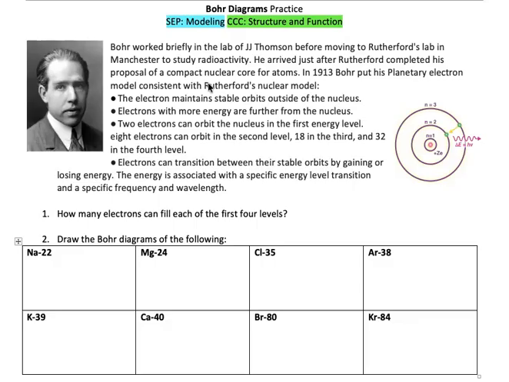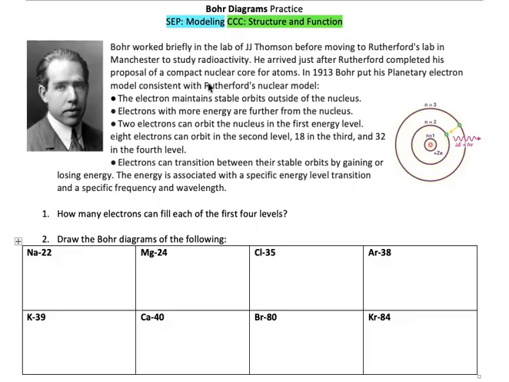And just the way that the planets orbit the sun, he said that electrons maintain stable orbits outside the nucleus. And he said electrons with more energy are further from the nucleus, because if you go from a low level to a high level, you have to absorb energy to do that. So if you're going further from the nucleus, you have more energy.